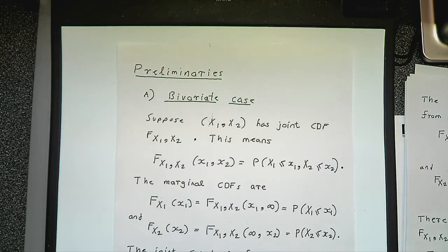If you have a random vector x comma y or x1 comma x2, there's something known as the joint distribution function, and there's also something known as the joint survival function. And there's also a relationship between the joint CDF and the joint survival function. There are 2 kinds of relationships. So I will talk about them briefly.